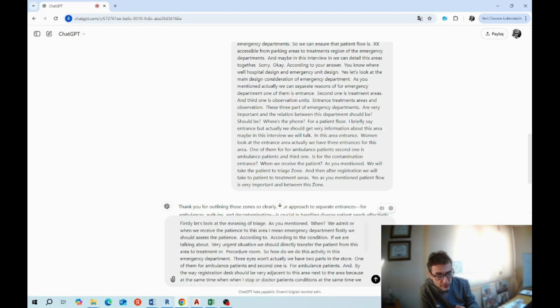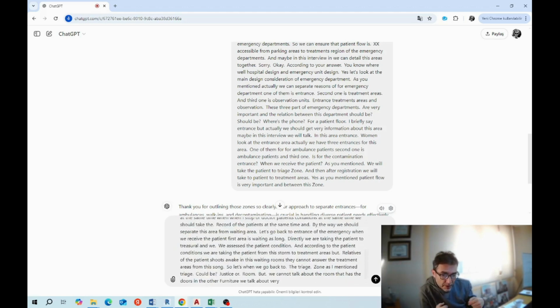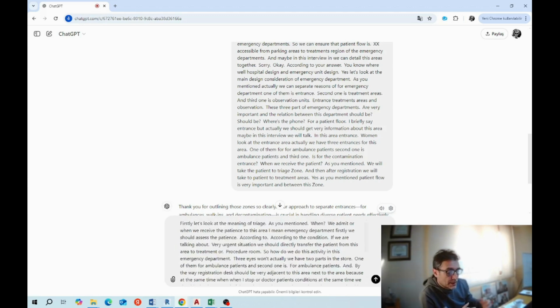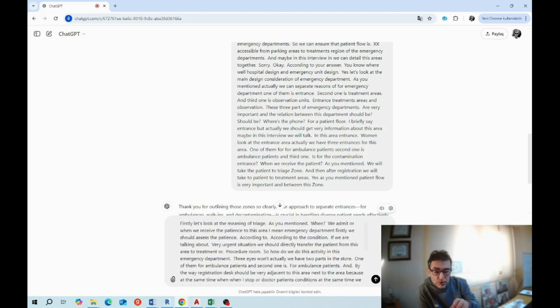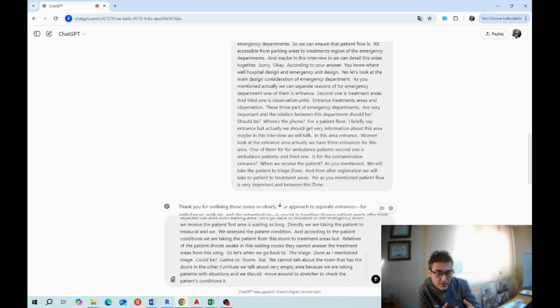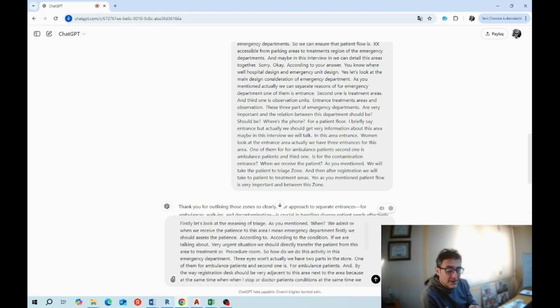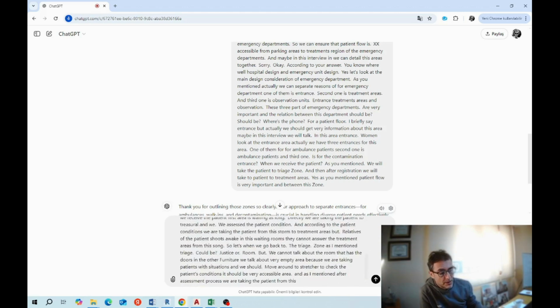We talk about a very empty area, because we are taking patients with stretchers, and we should move around the stretcher to check the patient's conditions. It should be a very accessible area. And as I mentioned, after the assessment process, we take the patient from this room to treatment areas.